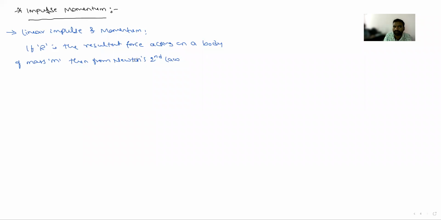If a body of mass m is subjected to a force R, what is Newton's second law? It is not F, it is R equals m into a. But what is acceleration? Acceleration a equals dV by dt.